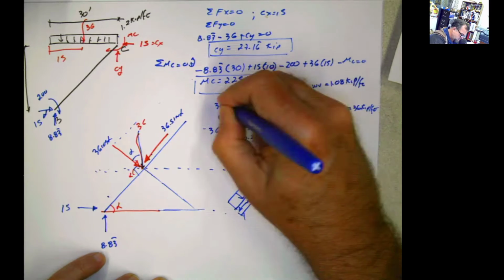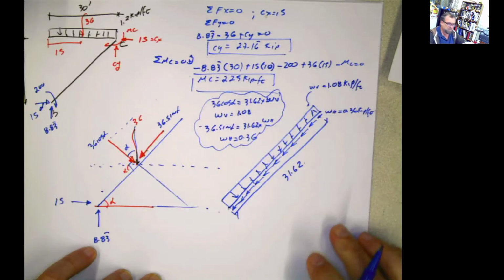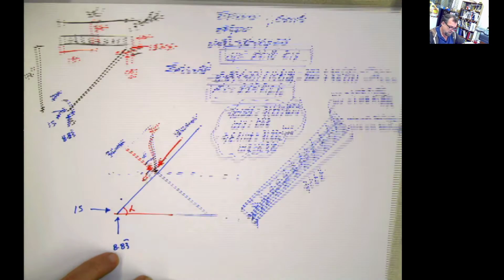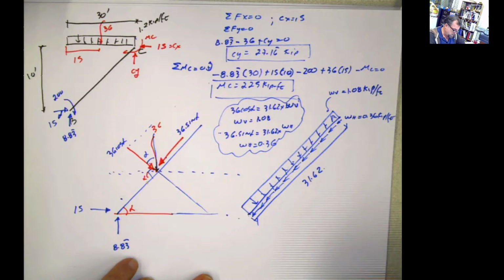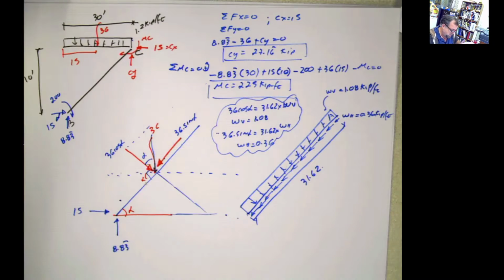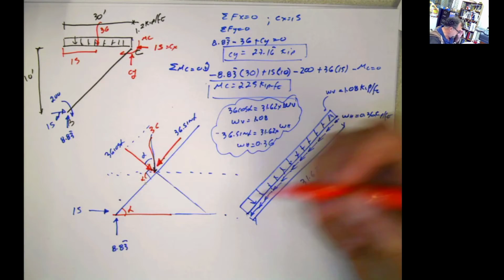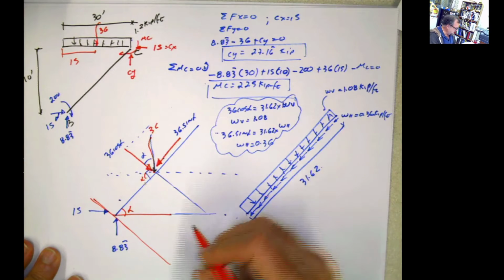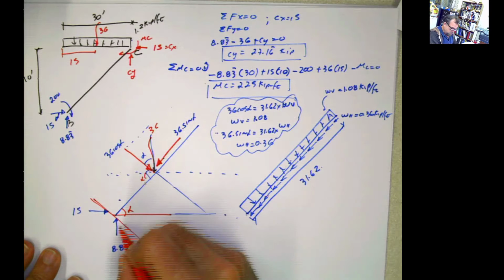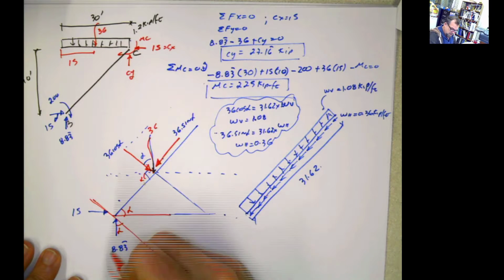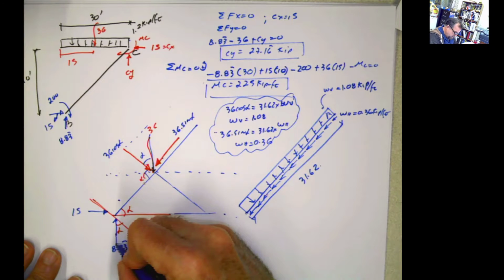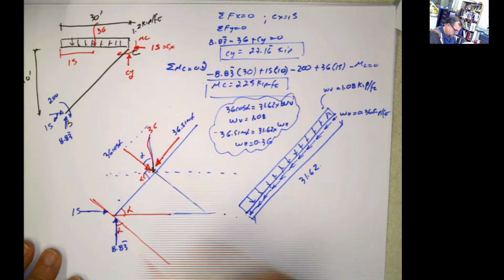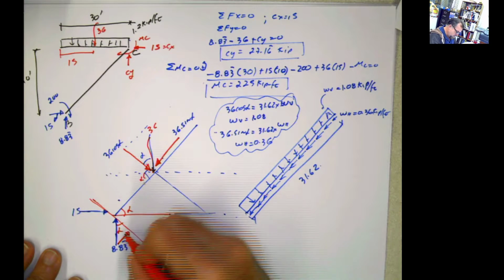Now this part here is one of the main differences of this frame compared with the other ones. Now we are not done, because we have to do all this conversion here, and we can do it here, or we can do it here. It's the same thing. Now let's try to do it here. So once again, if this is alpha, this is 90 minus alpha, this angle here is going to be alpha. Now this 8.83 is basically these two forces.